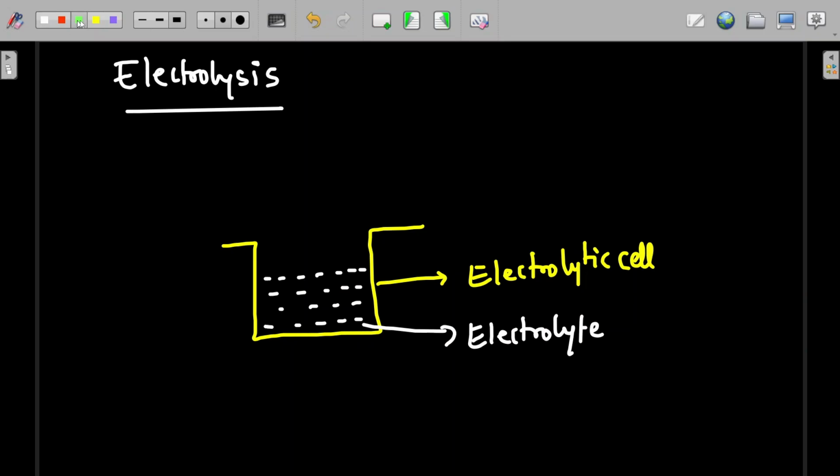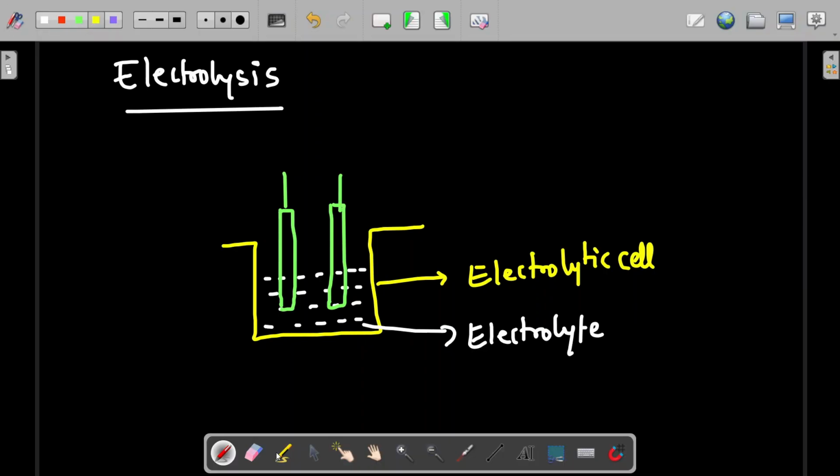Then we will take two metallic conductors, metallic rods, or even a graphite rod. Graphite is not metallic, hence it is named separately. These rods or conductors are immersed in the electrolyte, and these are connected with the help of wire to a battery.